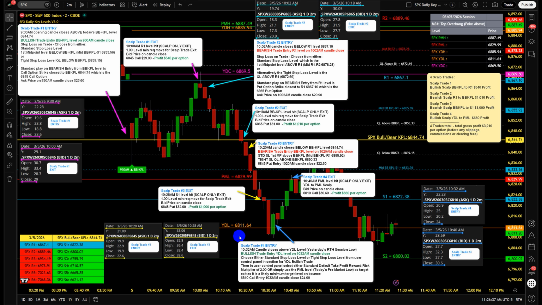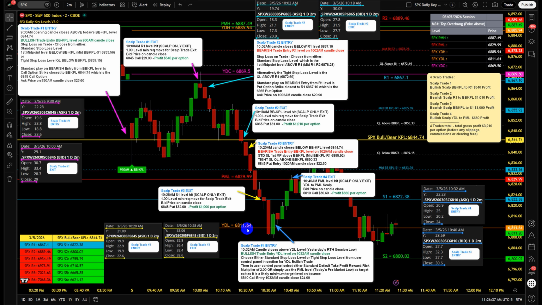Okay, so we have the YDL level here. That's yesterday's daily low. It's a very important level. It's either going to hold or break. So in many cases, it does at least initially hold for a bounce. Some days when there's a lot of institutional selling going on, it will just continue to slice right through it and stair step right down from it and not have any sideways reaction or bounce.